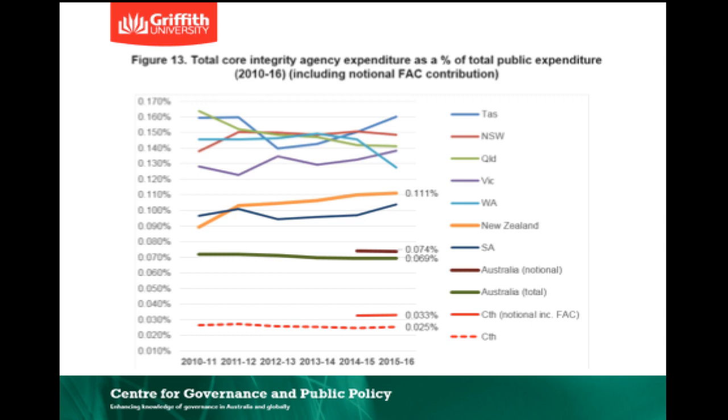The weakness of the investment in this at the federal government level in Australia pulls down Australia's average compared to countries that we might like to compare ourselves against. So you can see not only is the Commonwealth Government doing a lot less than the states, but on average Australia is doing a lot less than, say, a country like New Zealand, when you look at the resources as a proportion of overall public expenditure, either at a jurisdictional level or a national level.